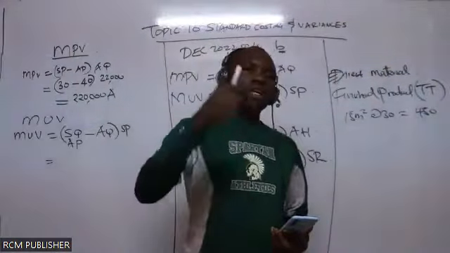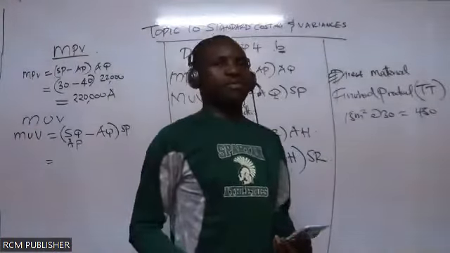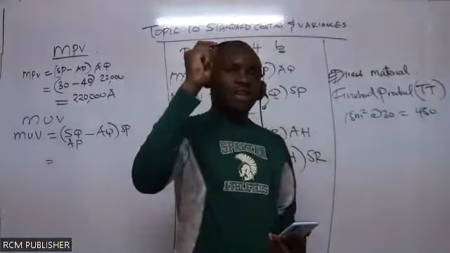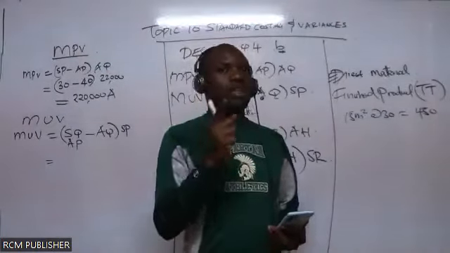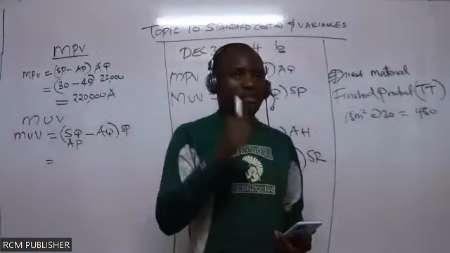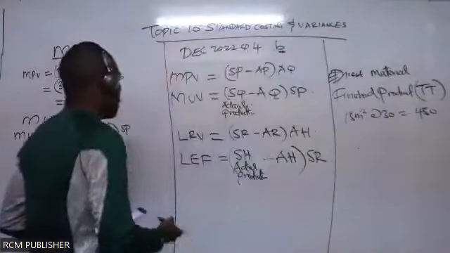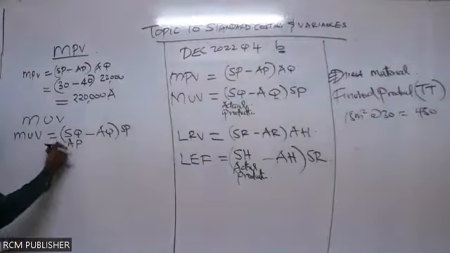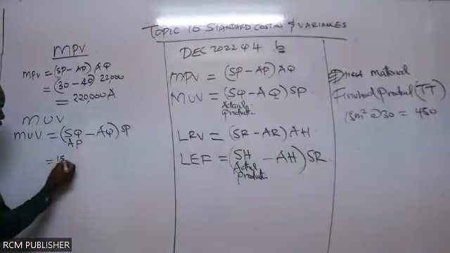So are we able to get the standard quantity per unit of the finished product? It is 450 divided by 30 to give us 15. But we are able to see that 15 is already given to us, 15 square meters. Now, the 15 square meters is the standard quantity per unit of the finished product.